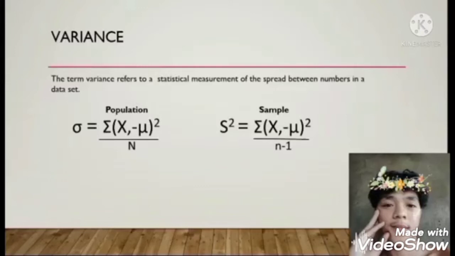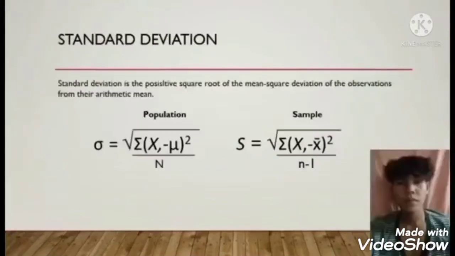Another equivalent formula is variance is equal to the summation of x squared all over n, minus the mean squared. If we need to calculate the variance by hand, this alternate formula is easier to work with.